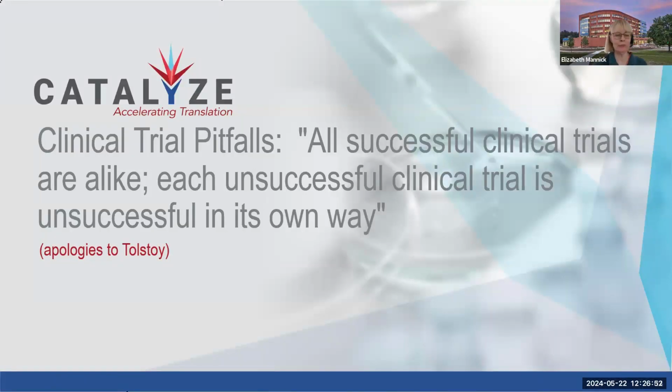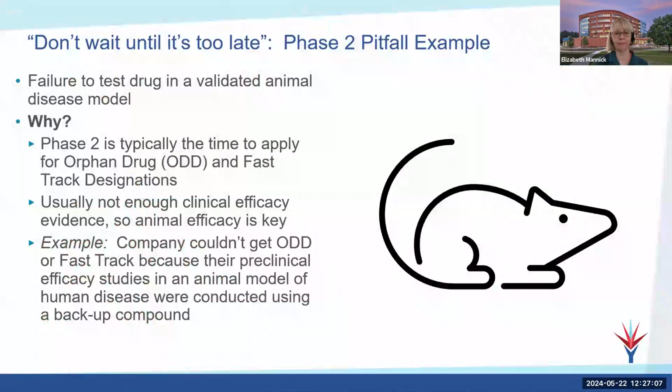So there are many, many ways that clinical trials can go off the rails, some avoidable, and we're going to discuss a number of examples, and some unavoidable. Okay, so our first example is failure to test a drug in a validated animal disease model.